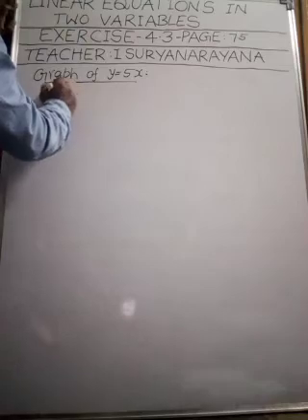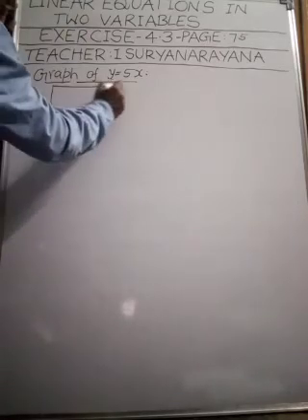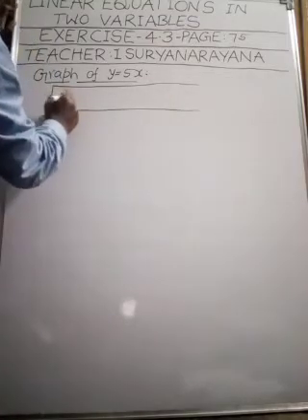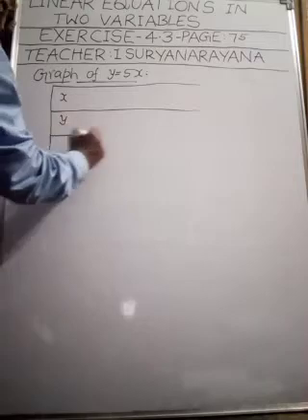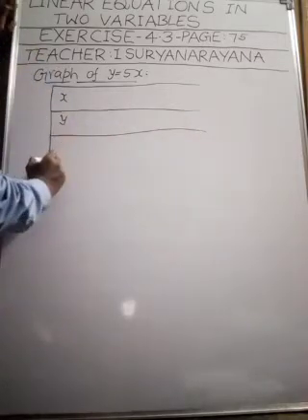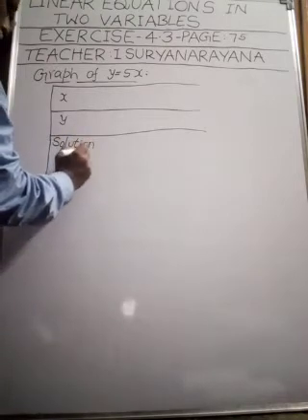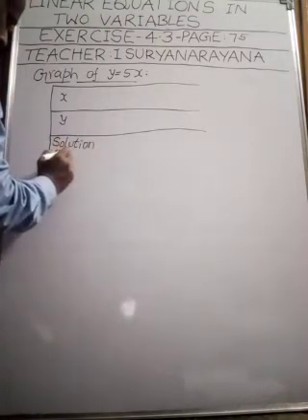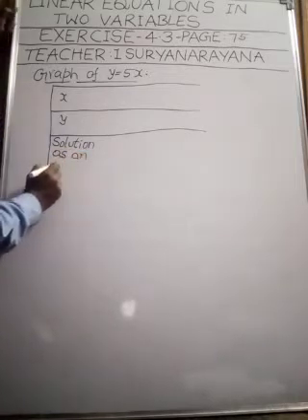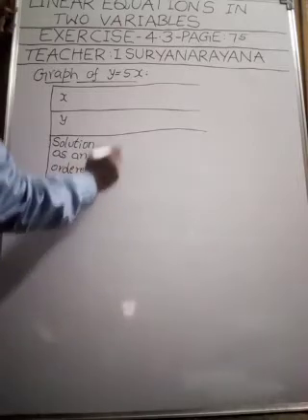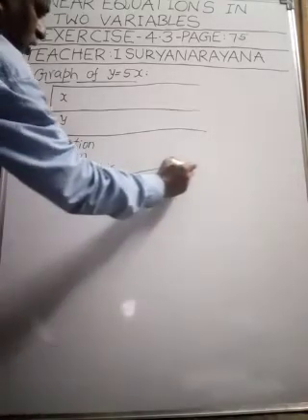Do you remember the steps, my dear children, how to draw the graph of a linear equation in two variables? Yes, here we have to prepare a table with x, y, and the solution as an ordered pair.